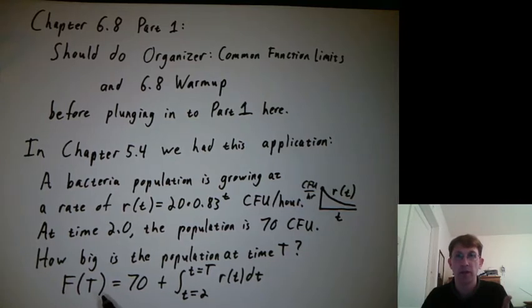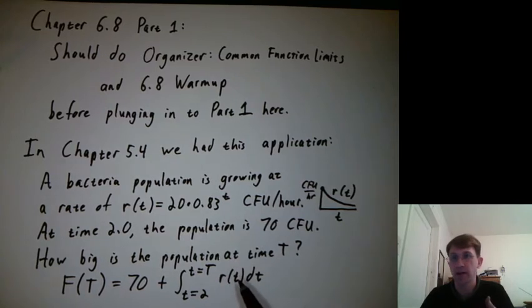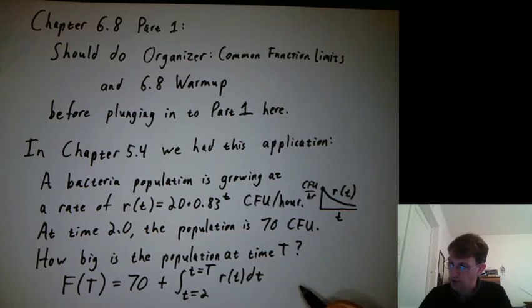If you put in big T equals 2, then this is the integral from 2 to 2, which is 0, and then we just get 70, so that's good. And you can plug in this formula for r of t and take an antiderivative. That's not the issue right now. You end up getting something that starts here at 70 and looks kind of like that.